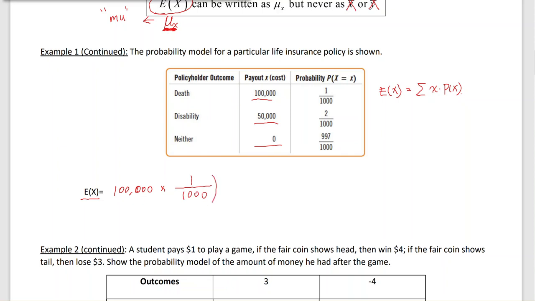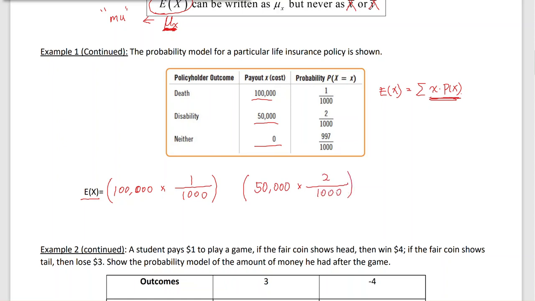For the second outcome, you have 50,000 times its corresponding probability, which is 2 over 1,000.